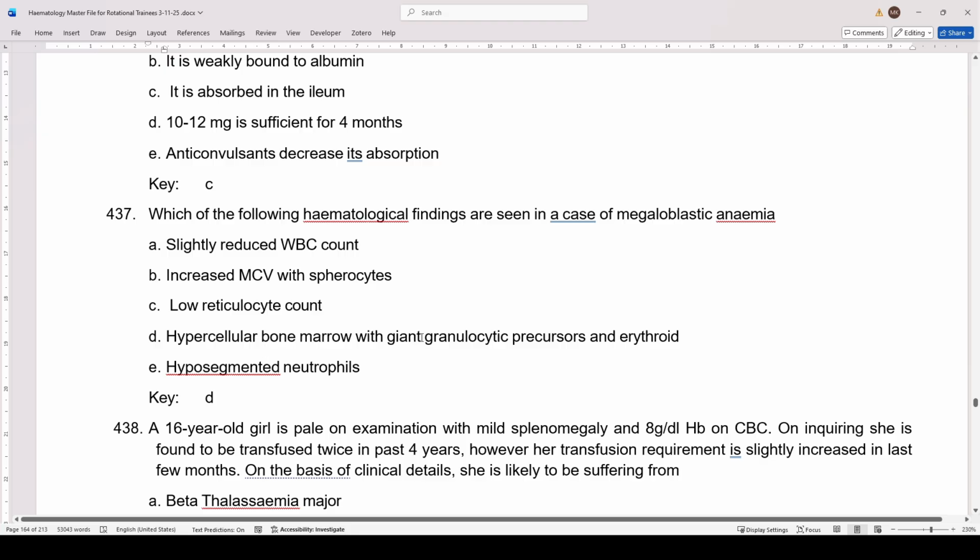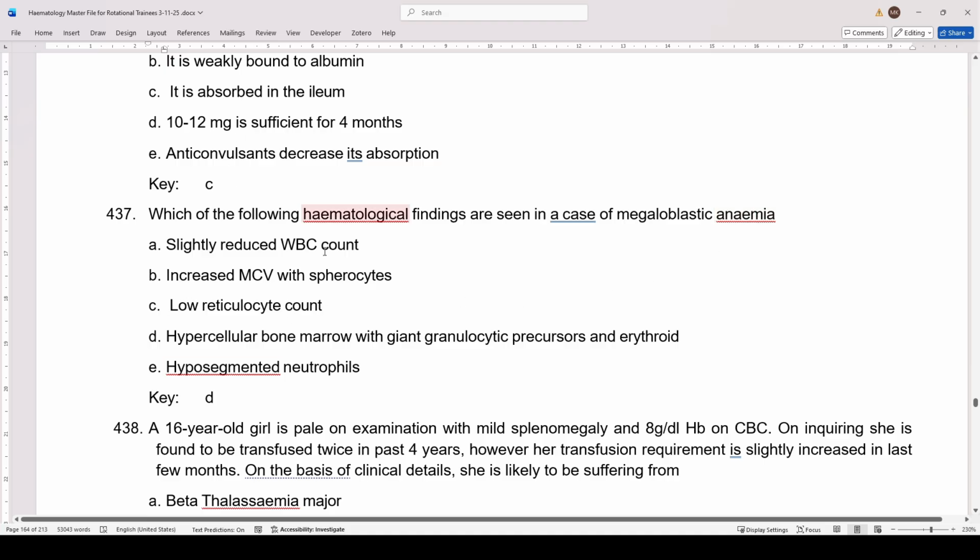We will see giant myelocytes and metamyelocytes, and in erythroid precursors we will see nuclear-cytoplasmic asynchrony because of immaturity. We don't see spherocytes, and the reticulocyte count is low in megaloblastic anemia because there is ineffective erythropoiesis.